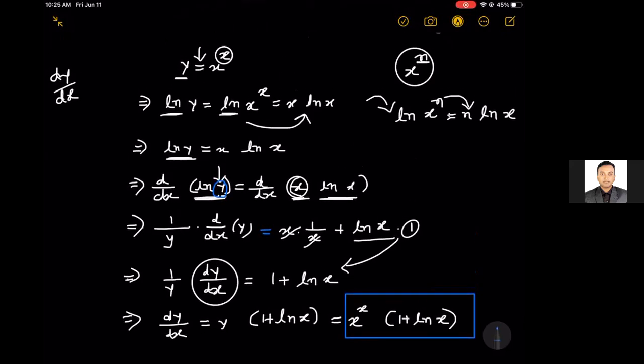But again, if you can do it properly, you'll find it really, really interesting. Any question from this? No questions at all?